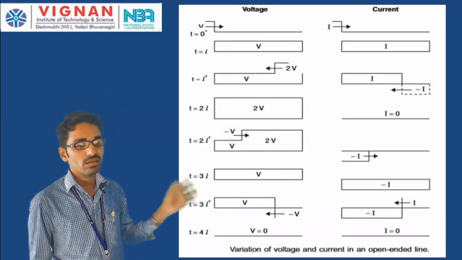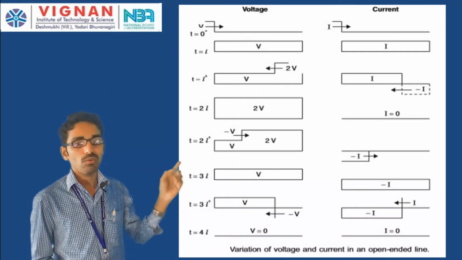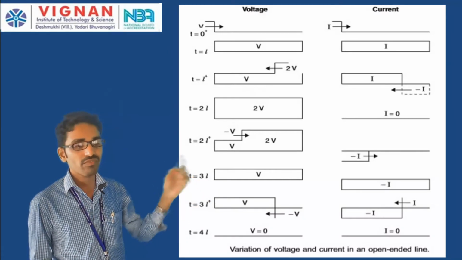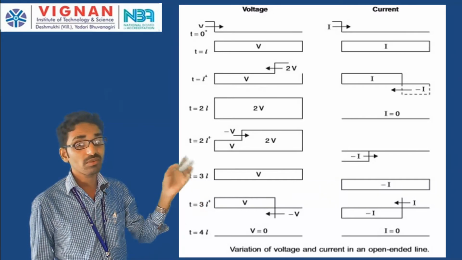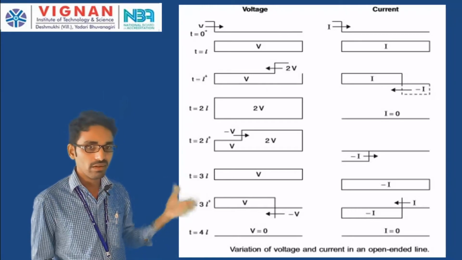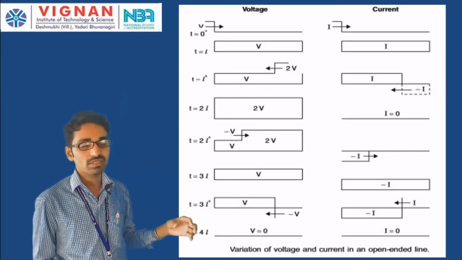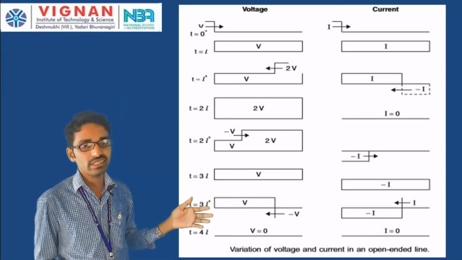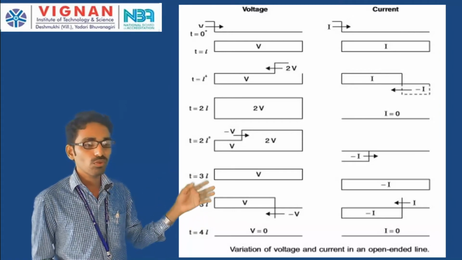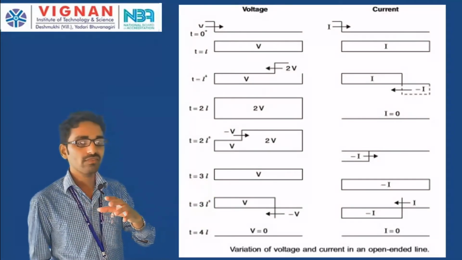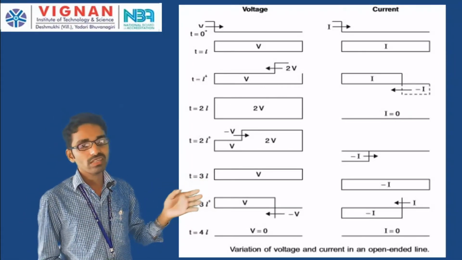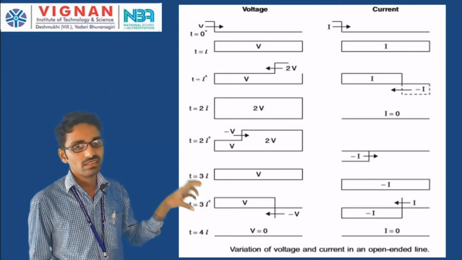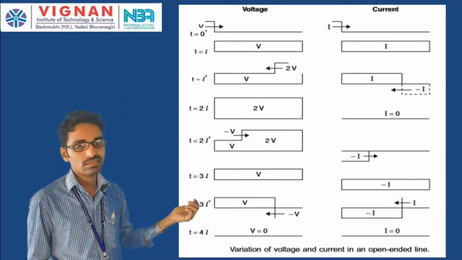And again after 2L+, the voltage is reflected back with negative sign, because at any point of time the voltage is not going to be doubled at the sending end. Whatever the 2V is there is again reflected back with a negative sign, then it reaches t equal to 3L.